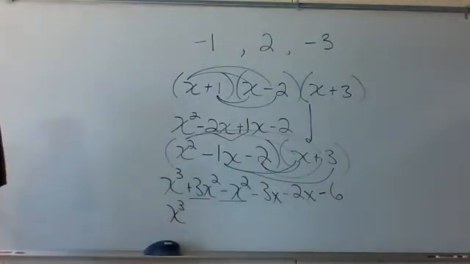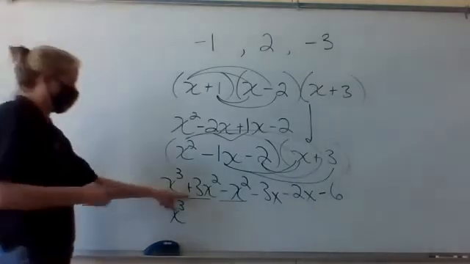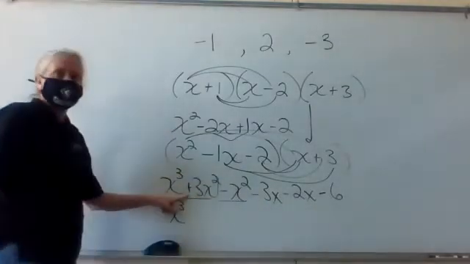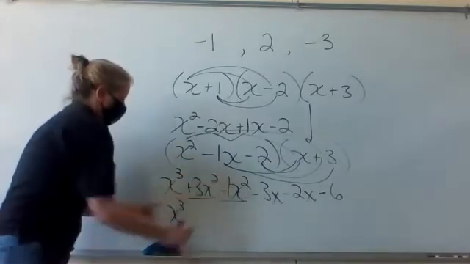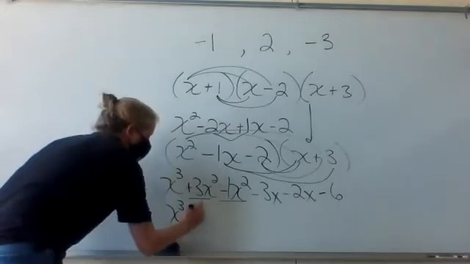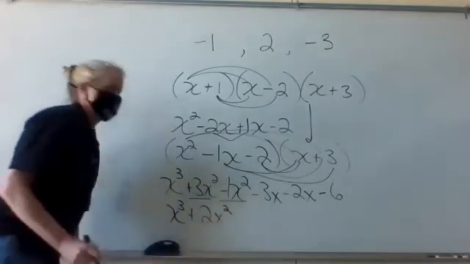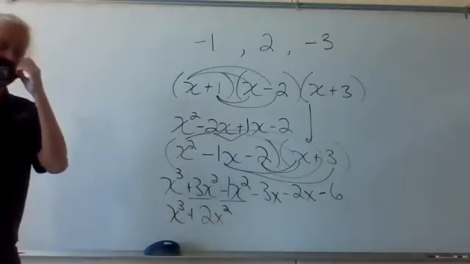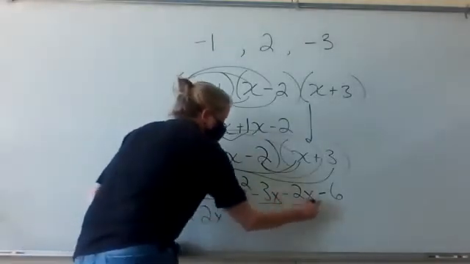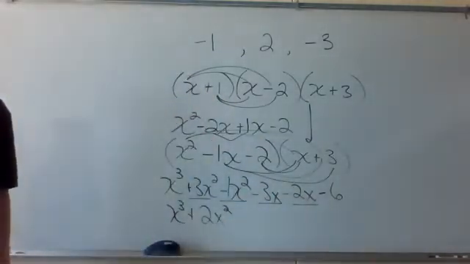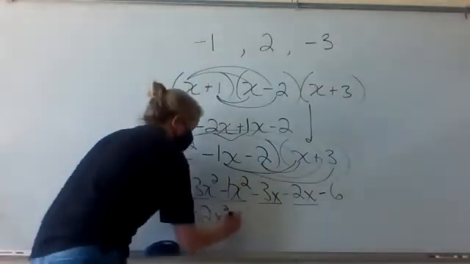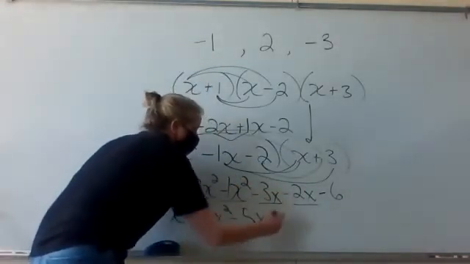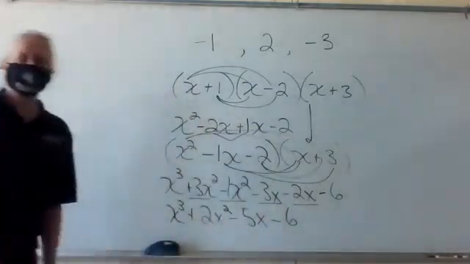I've got multiple x squared terms, which means I just need to put those together. Here I've got a positive 3, and here's a negative 1. So 3 minus 1, that gives me 2x squareds. And then put my x's together. So here I've got negative 3 and negative 2, so that gives me negative 5x's. And bring down the minus 6.